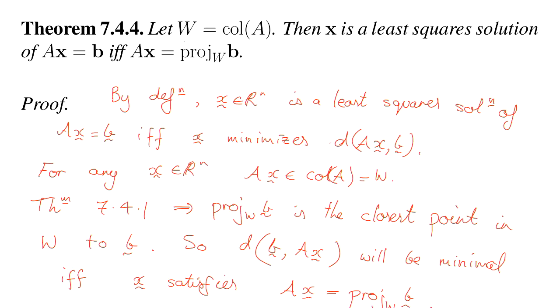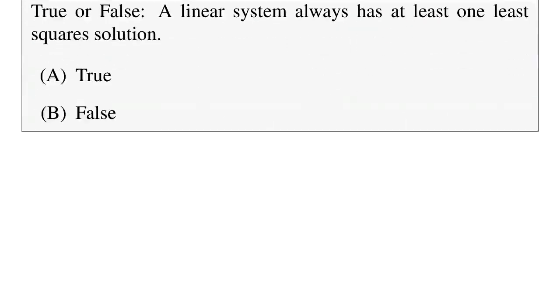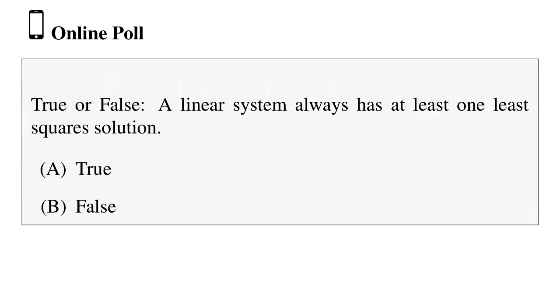Okay. Let's do a quick poll, see if we've got our head around this. All right, so true or false? We know linear systems don't always have solutions, but does a linear system always have at least one least squares solution?